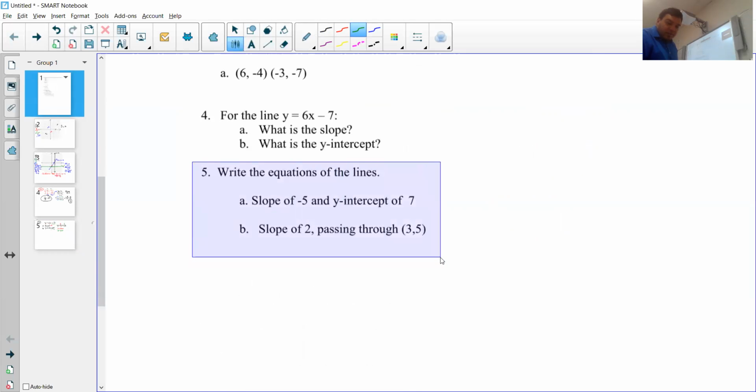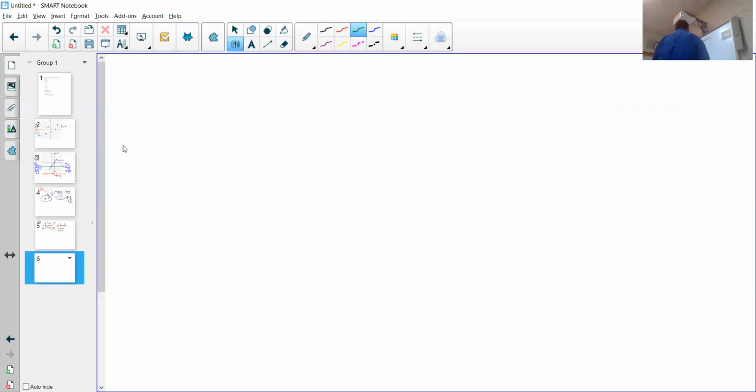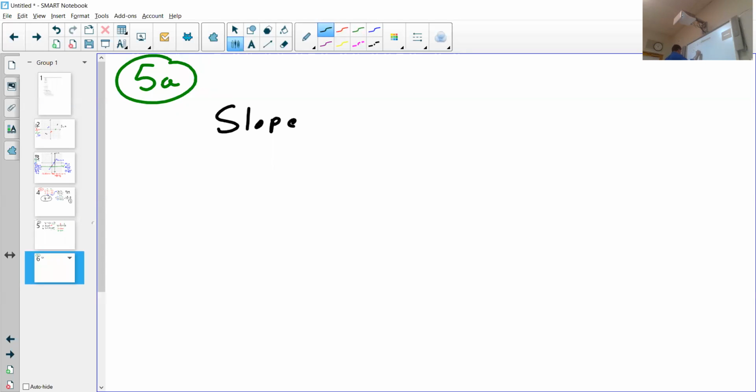Number 5. Write the equation for these lines. Okay? So I'll do 5a first. Where the slope is -5 and the y-intercept is 7. So just like I said from the last equation, we had y equals mx plus b.